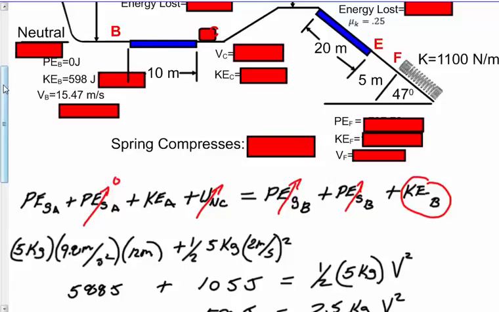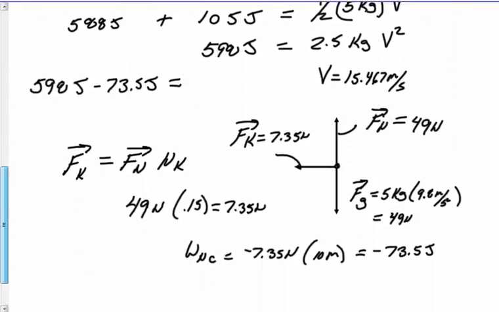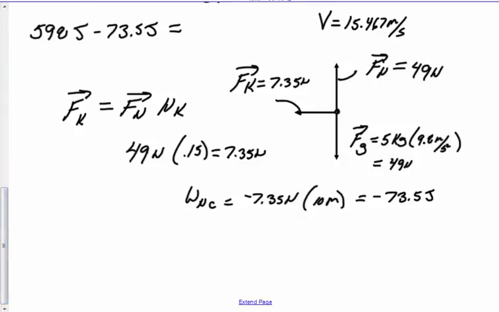So all I'm going to have at C is kinetic energy. So I can just set that equal to the kinetic energy, or equal to 1/2 times the mass times velocity squared at C, if I want to find out what the velocity is.